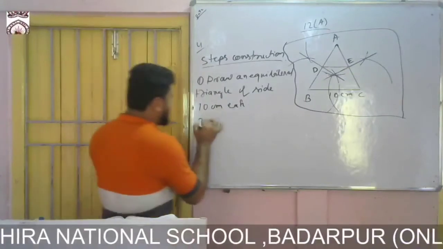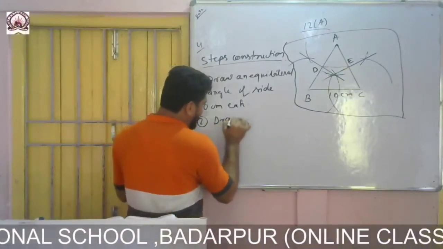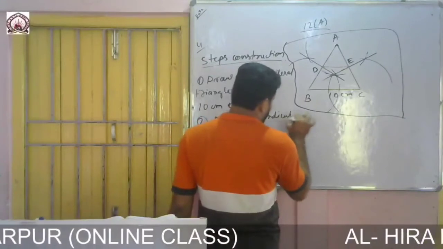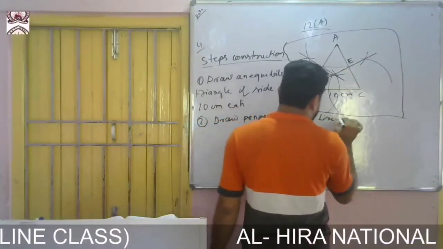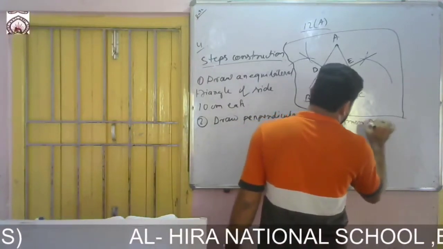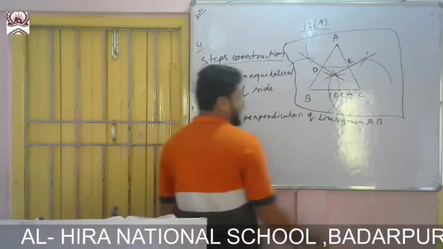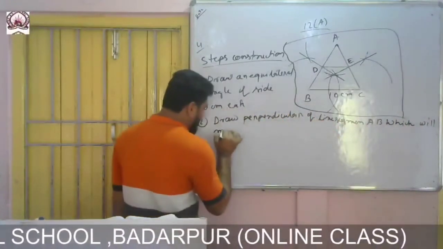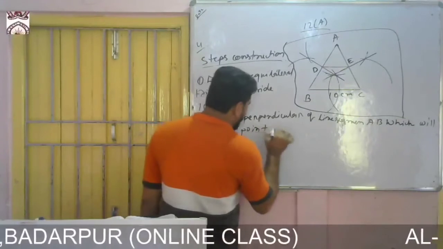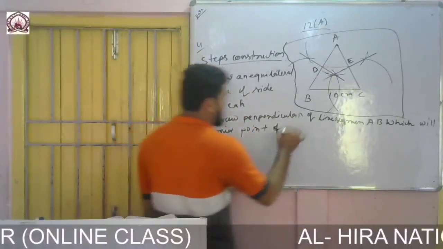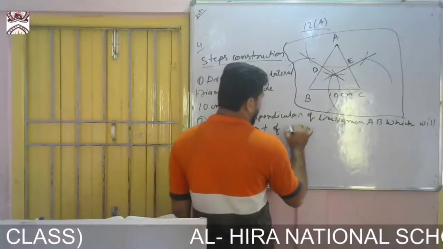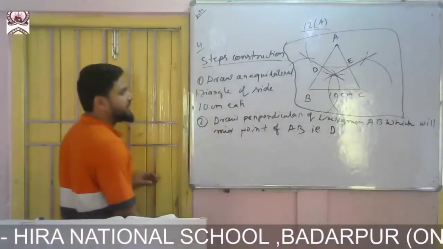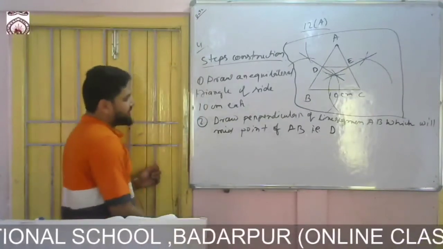Step 2, draw the perpendicular bisector of line segment AB, which will give the midpoint of AB. That is D. Now number 3.